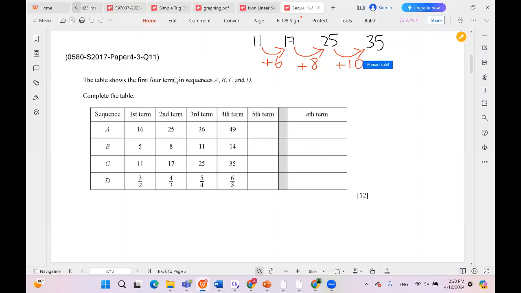So at the first layer, the differences are not the same. However, if we get the second layer of differences here, we have plus 2 and plus 2 again. So this seems to be another quadratic sequence. Now, for the quadratic sequence, we have the table n squared, and un.